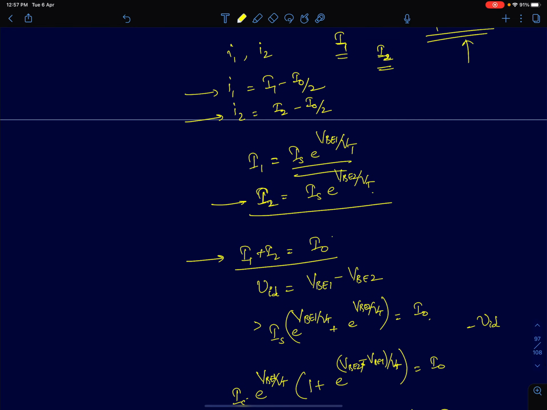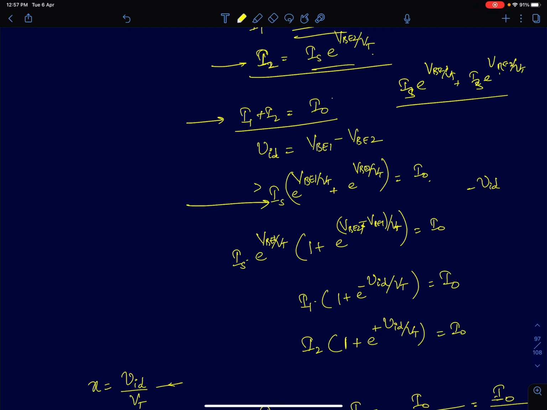I'll substitute these values here. So I'll get Is e power VB1 by Vt plus Is e power VB2 by Vt, the I2 here. So you add the two terms. Now I'm going to take e power VB1 by Vt common out. If I take e power VB1 by Vt common out, I'll be left with 1 plus e power VB2 minus VB1 by Vt.